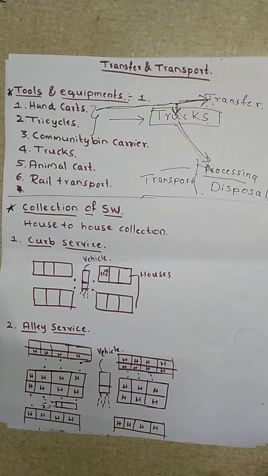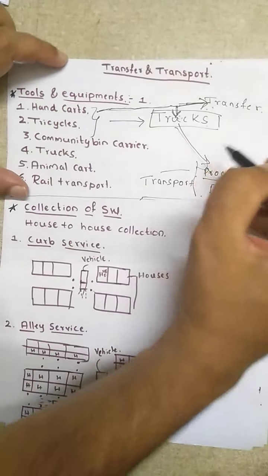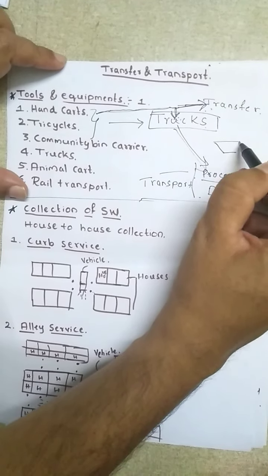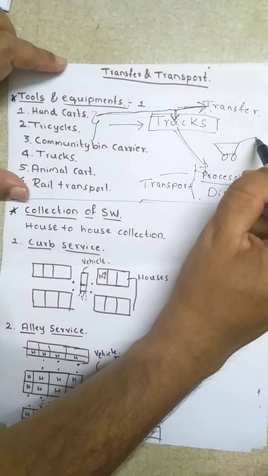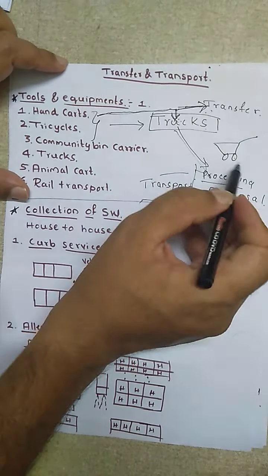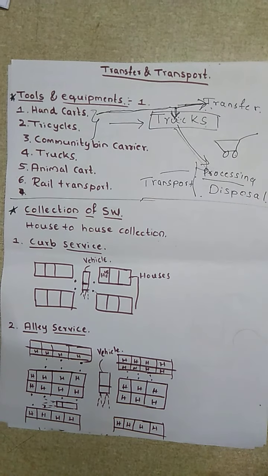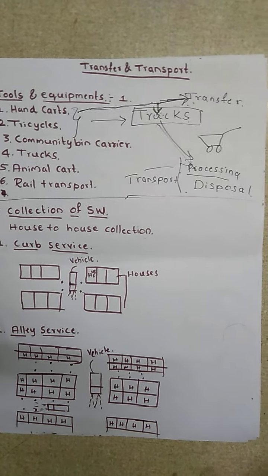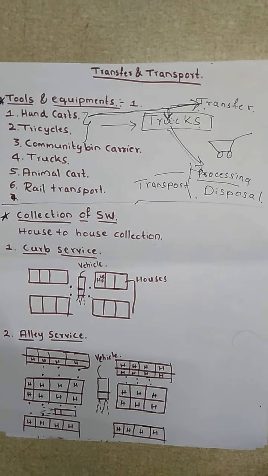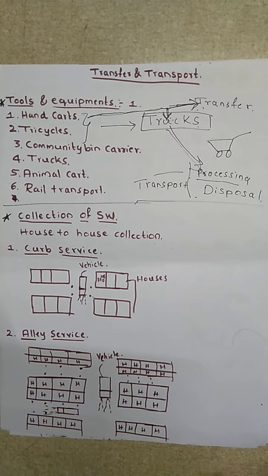Hand carts means they can be moved with the help of the hands. I think you have seen this kind of instrument in the day-to-day collection of solid waste. Such a vehicle, which we call a hand cart, is moved by the hands.